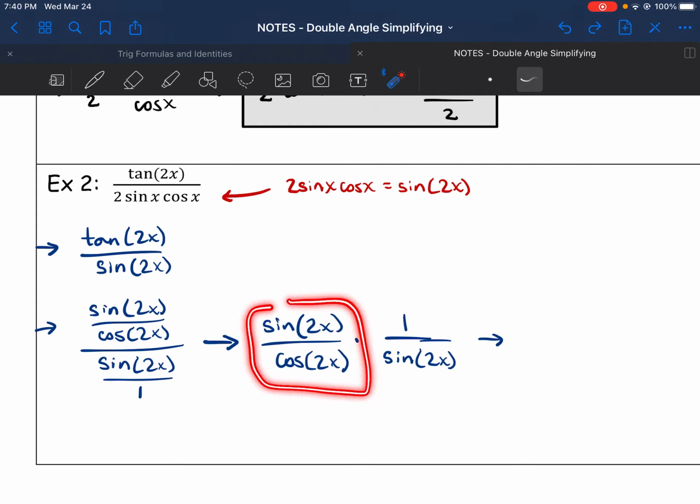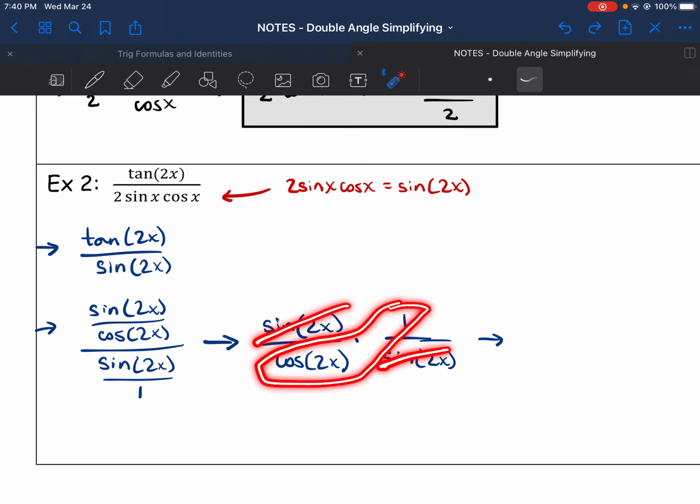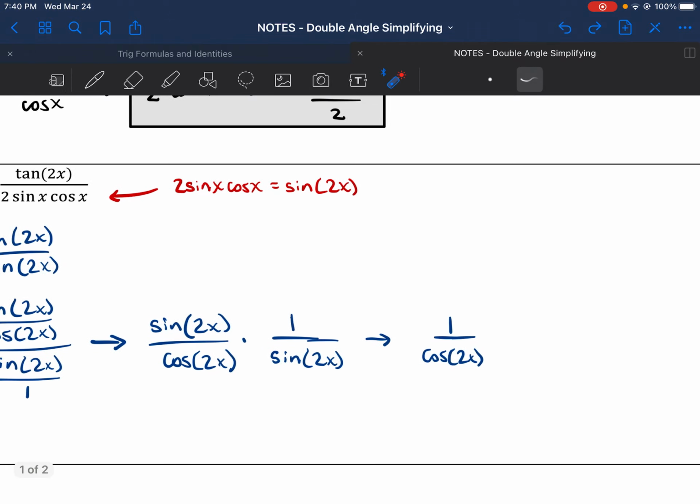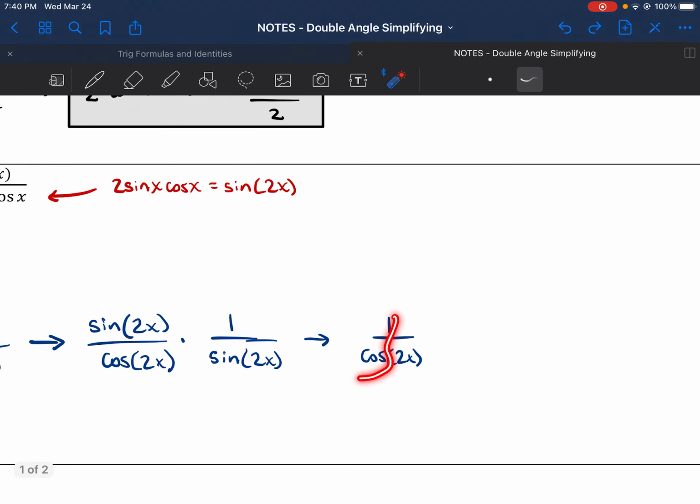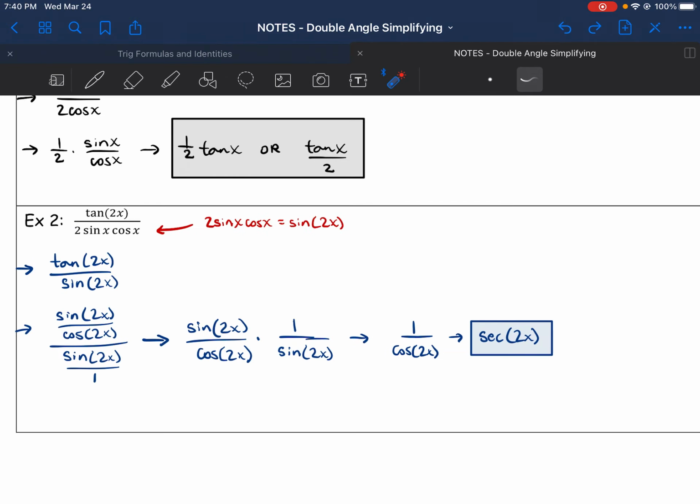Sine of 2x over cosine of 2x times, so with the keep, change, then flip this, so we have 1 over sine of 2x. And notice that the sine of 2x and the sine of 2x will cancel, leaving us with 1 over cosine of 2x. However, we know that 1 over cosine is secant, so this will be secant of 2x as our most simplified answer.